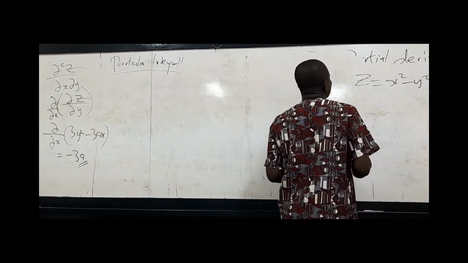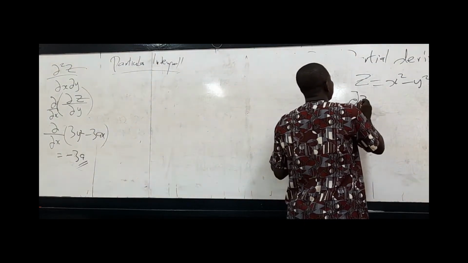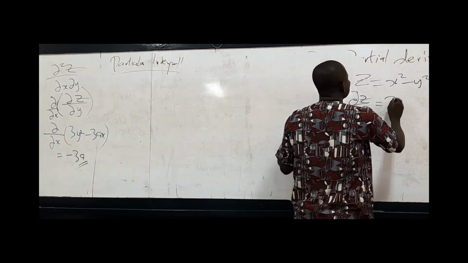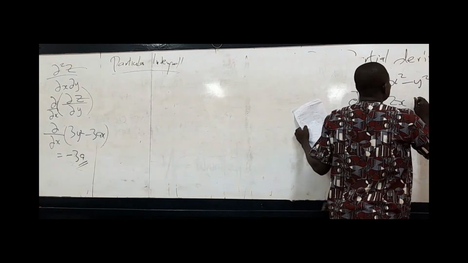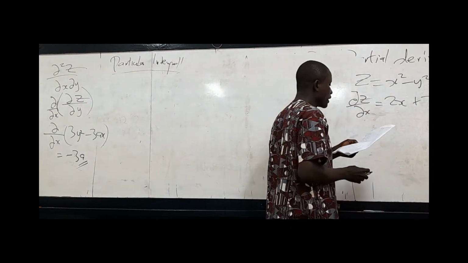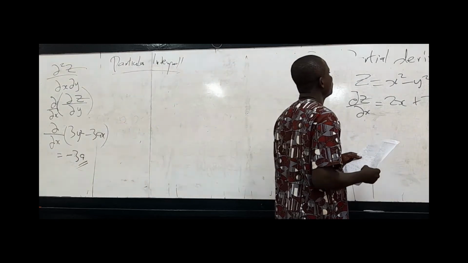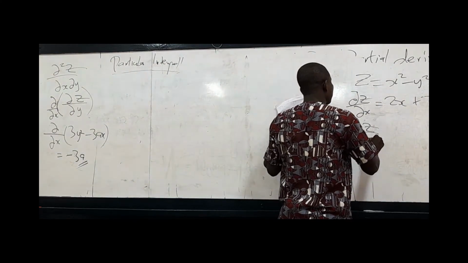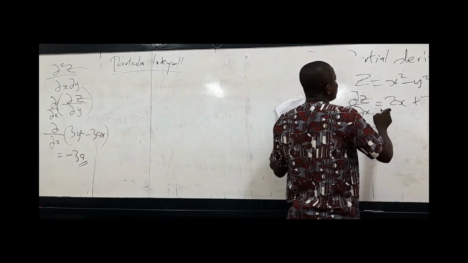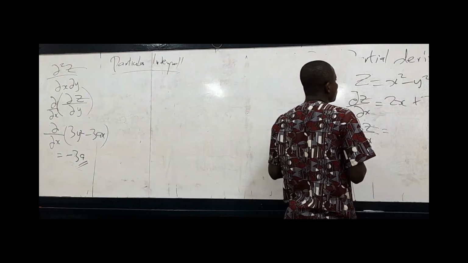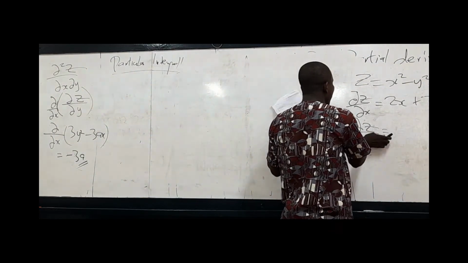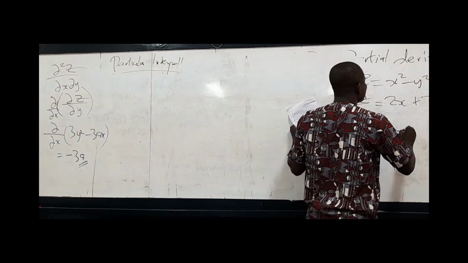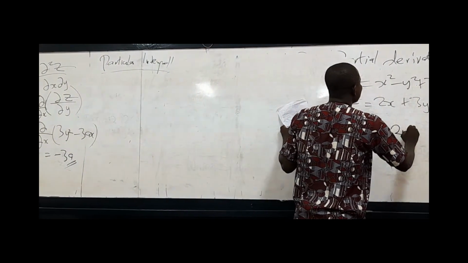Okay, now here dz/dx is equal to what? Here we have 2x, remember? Then also plus 3y. Is that okay? 2x plus 3y. Then dz/dy is equal to negative 2y, is that correct?